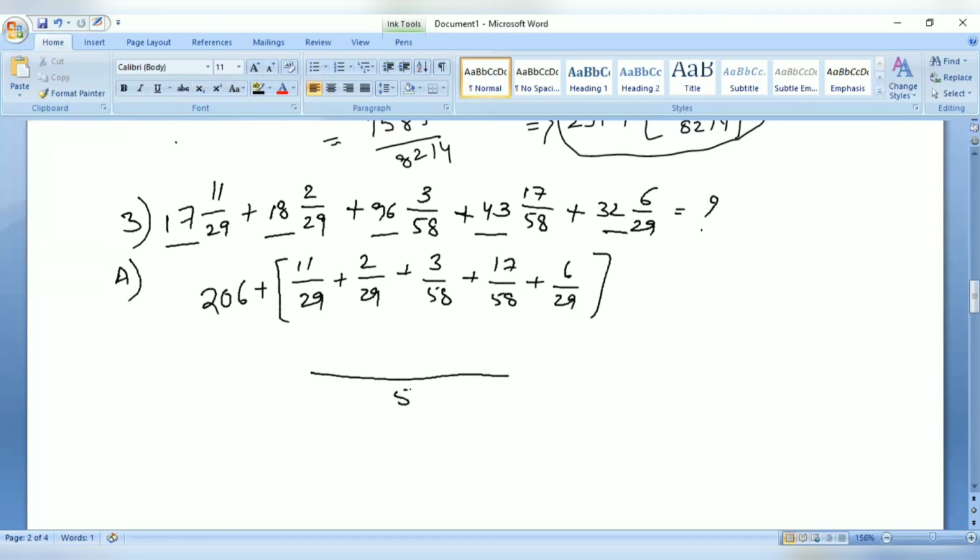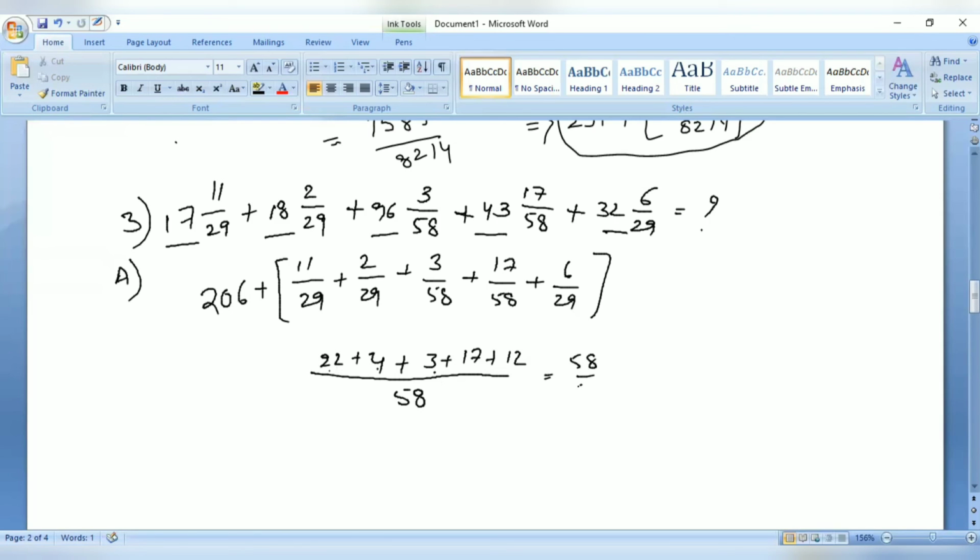So what is the LCM? It is 58. So this becomes 22. This becomes 4, and this is 3 plus 17 plus 12. So if we add 22 plus 4, 26, 26 plus 3, 29, 29 plus 29, it becomes 58, right?